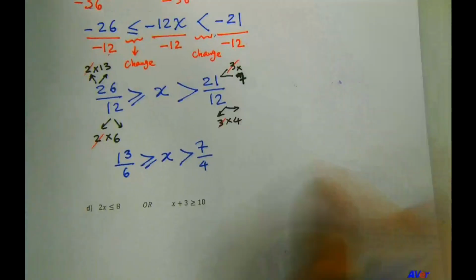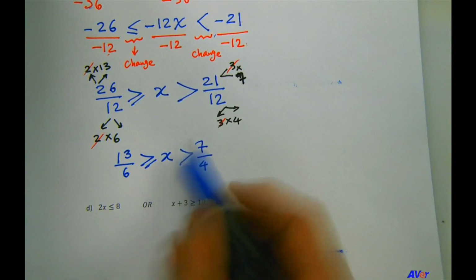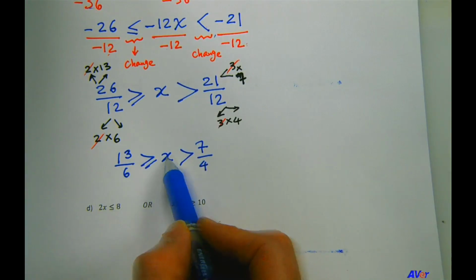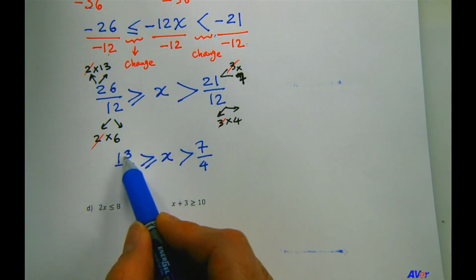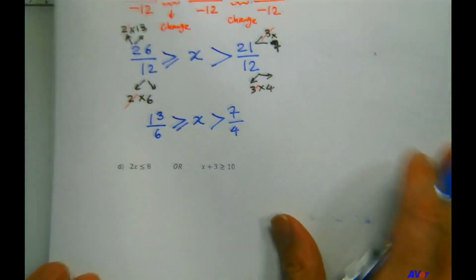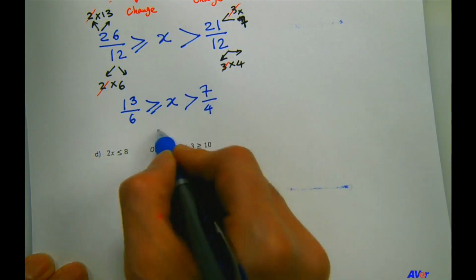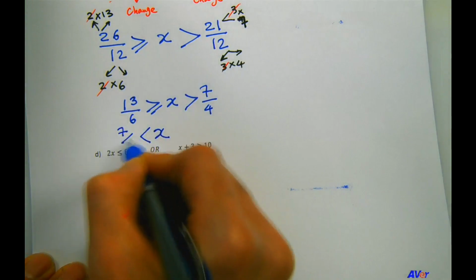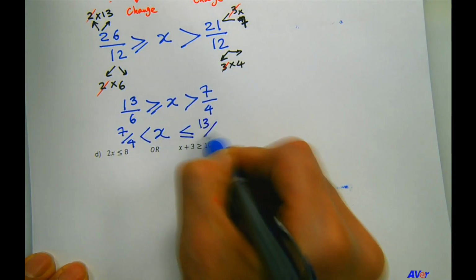So we've solved for x, but this looks a little bit awkward. Because this is less than this side and greater than that side, and we always like to put the smaller number on the left and the larger number on the right, let's rewrite this. We write 7 over 4 less than x, less than or equal to 13 over 6.